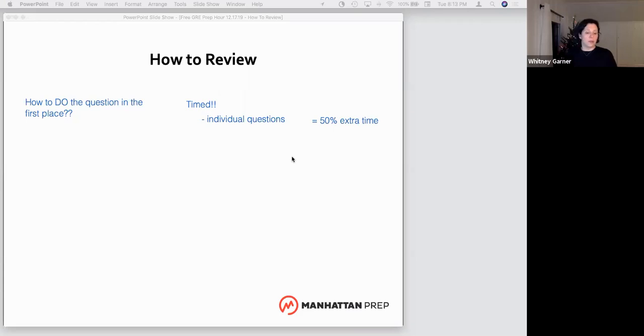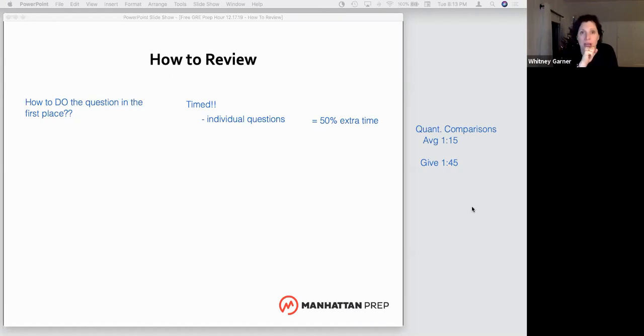So if a problem like QC, quantitative comparison, has a target time of an average of a minute 15, then I'm going to give myself a minute 45. I'll give myself an extra 30 seconds to solve it. So I'm going to start a timer and let it count down if I want to handle it this way. So that's one way I can time myself.